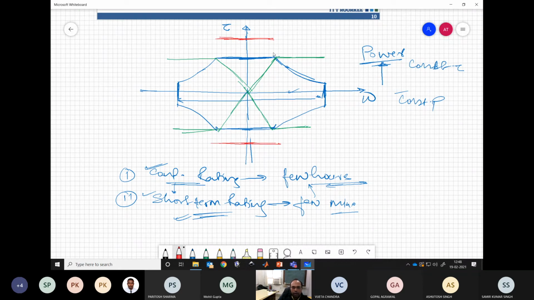And again, because there is a short-term power limit also, it will not be valid for the entire speed zone, and it will also have something like this. So for this also, if we draw the power, it will be a little higher, of course, because this is short-term duty, and then going constant.